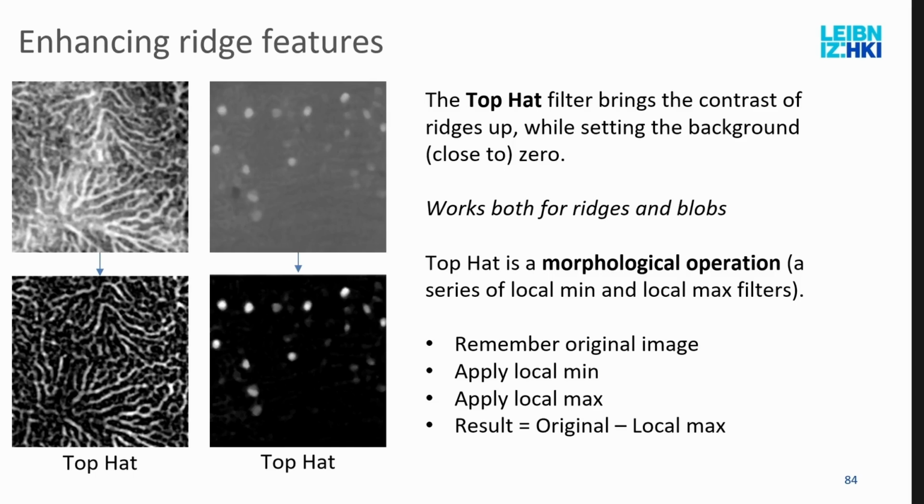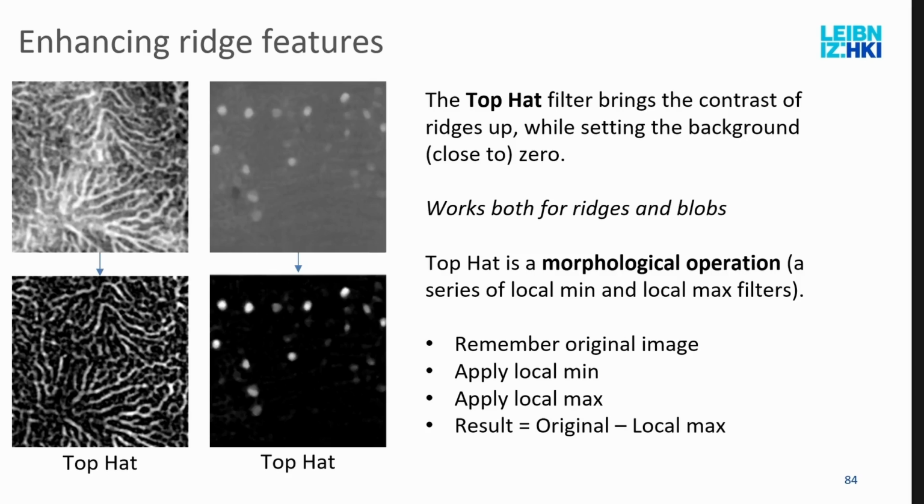It's actually the filter that was used in the publication for that one. We used the top hat filter to extract the glomeruli in the light sheet data. This one especially works well, as we mentioned before, for both ridges and blobs, as seen here.